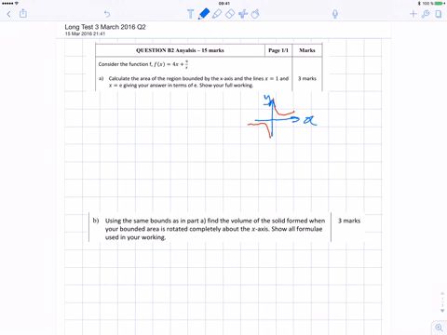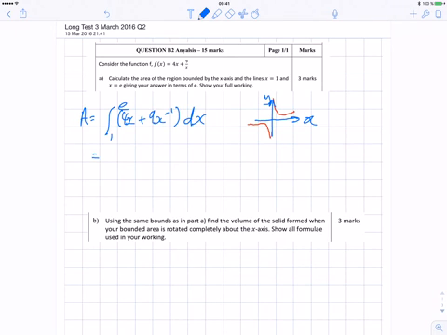I need to integrate, and I said to show my full working. So the area I'm looking at is equal to the integral of 4x plus 9 over x minus 1. Always a good idea just to put that in that form there, dx, and the bounds are between 1 and e.